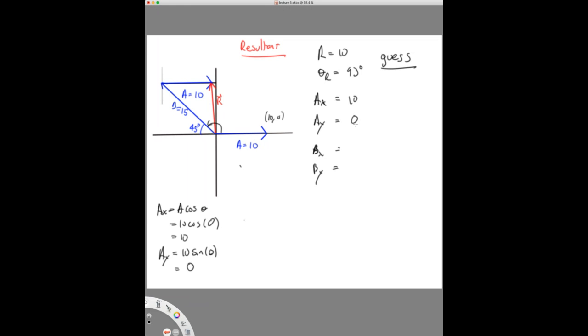Its y component will be 0. And if it lines up with the y-axis, its x component will be 0. So you'll get some practice when you do the homework. But if you're not sure, work it out with the equation. For vector B, we are going to have 15 times the cosine of 135, just as Sam said.